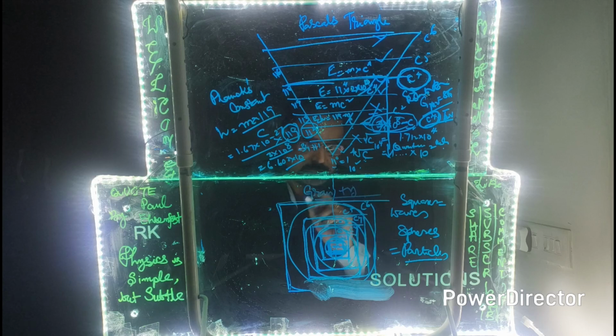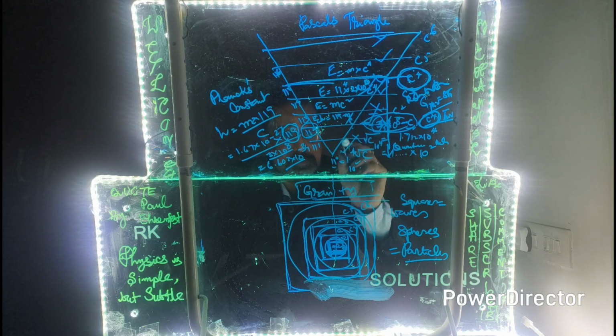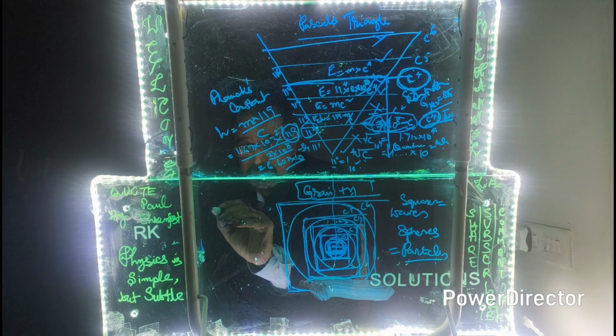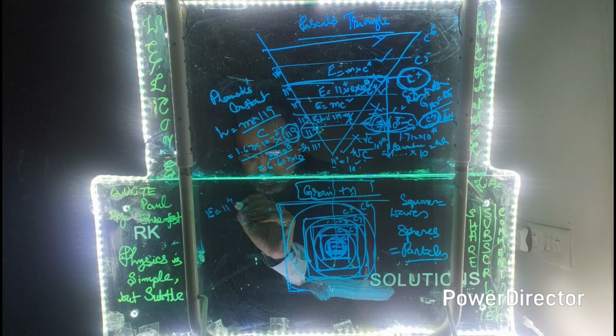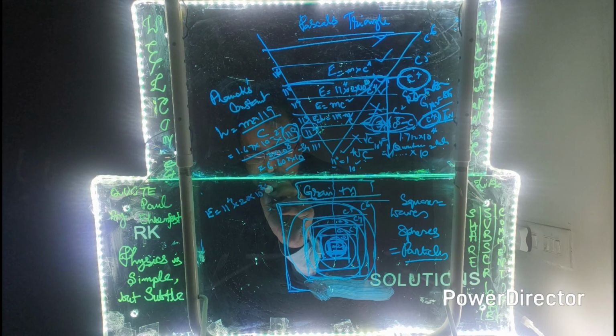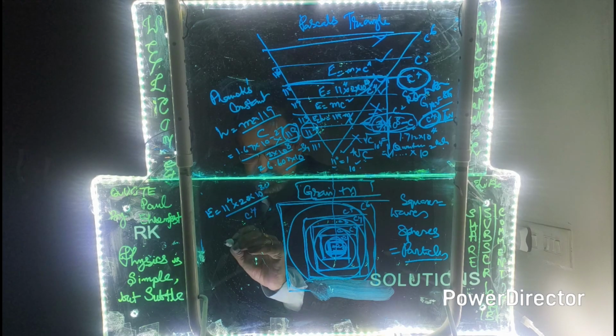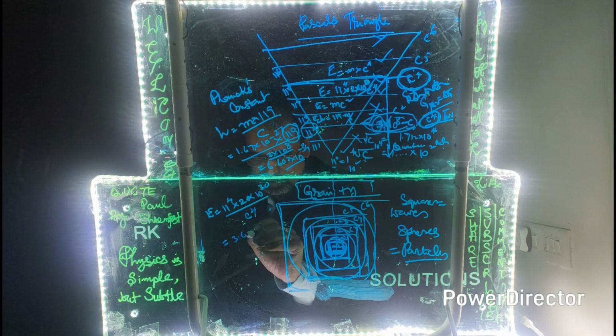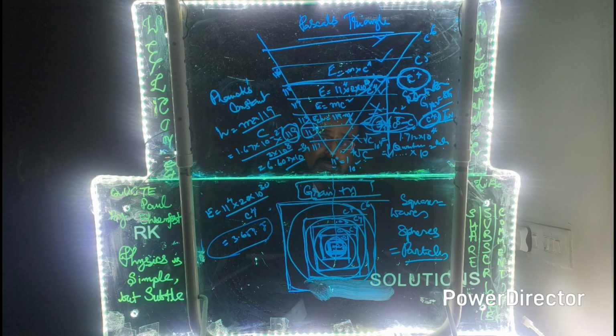When we talk about general relativity, it's all about gravity. So this will be E equal to 11 raised to 4 into 2 into 10 raised to 30 kg by C4, which gives you around 3.651 or something joules. That's not important. This formula is important.